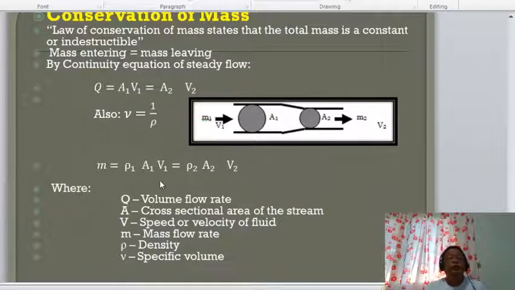Considering the continuity equation, Q, or the discharge, is equal to the cross-sectional area multiplied by the velocity of the fluid flowing inside the pipe. That is, of course, at any point.